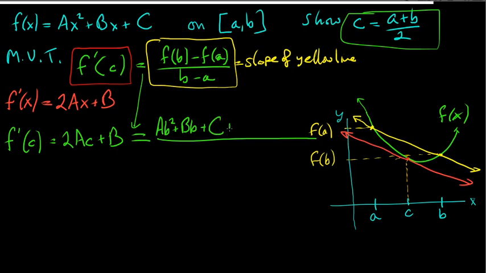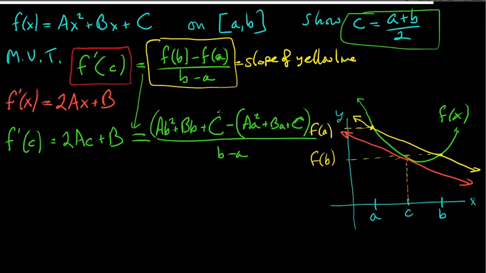Same thing, but replace the x with little a. Oh, sorry, not plus. That's a minus now. So it's minus capital A lowercase a squared plus capital B lowercase a plus capital C, all over lowercase b minus a.